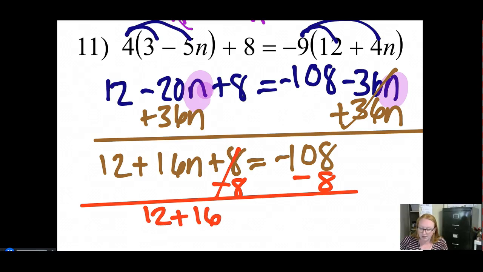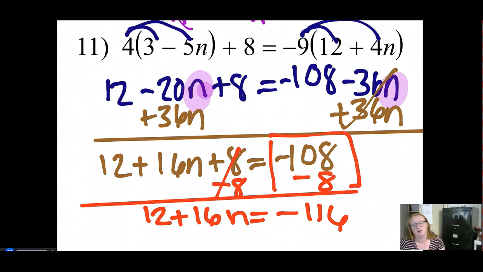So I get 12 plus 16n equals negative, a bigger negative. I'm going to get 116 because I technically add the 108 and the 8. If that is too hard for you, you have a calculator. Use it.